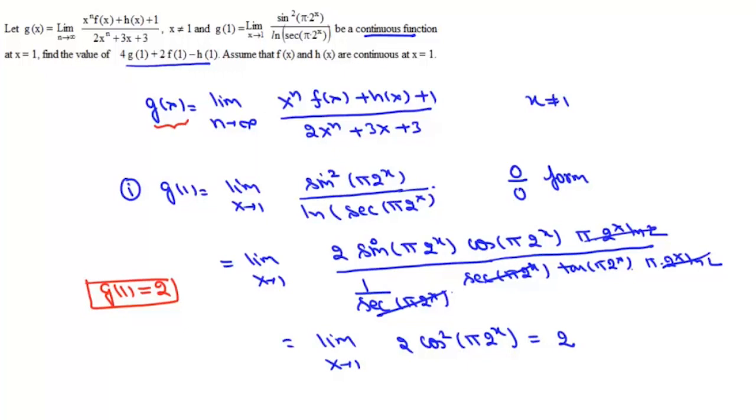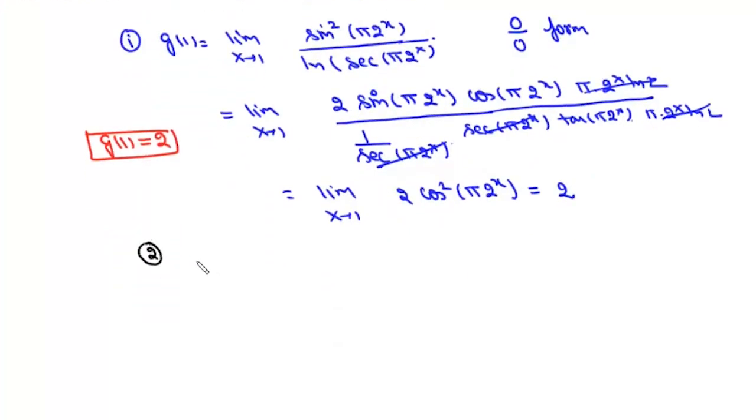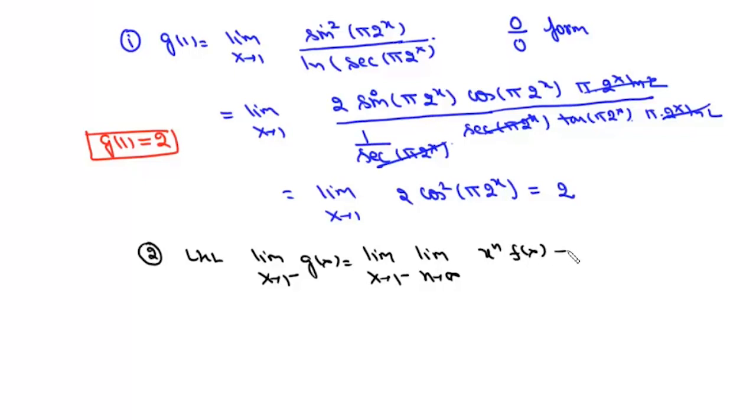Now if we write its left hand limit, it will be the limit as x tends to 1 negative of g(x), which is the limit as x tends to 1 negative of this limit, n tends to infinity, of (x^n f(x) + h(x) + 1) upon (2x^n + 3x + 3).